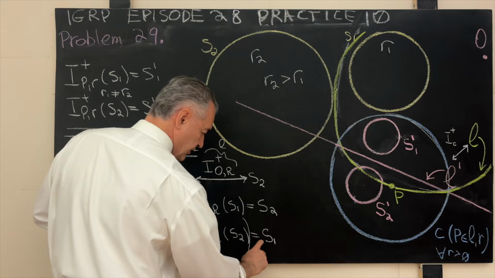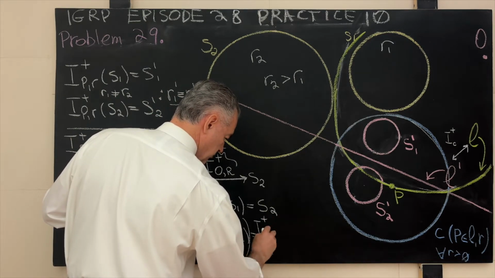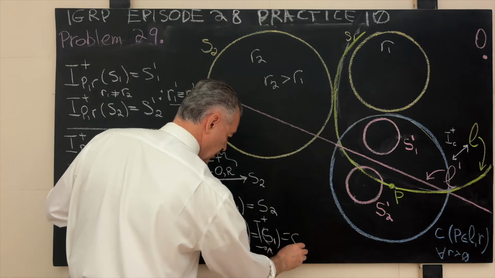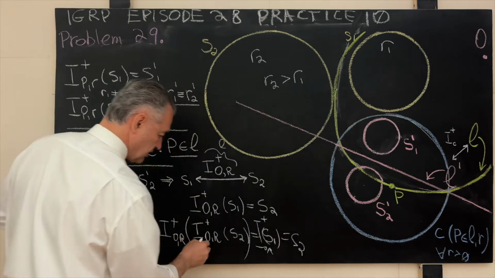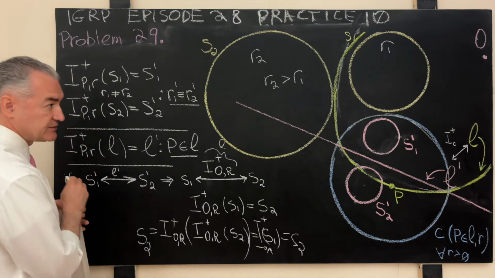Over here will be what? Another inversion with the same thing, but its image is S2. So this thing comes out back to the circle S2.